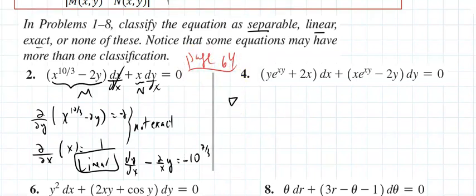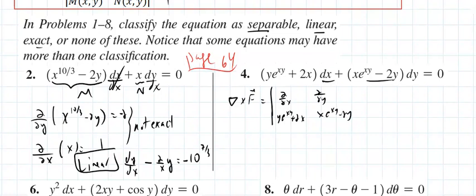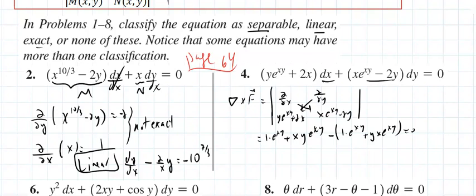So if I apply what I just did, del crossed with f, assuming this is f, so if I take the partial with respect to x, the partial with respect to y, and the i component is y e to the xy plus 2x, and the j component is x e to the xy minus 2y, I could say that is the partial with respect to x, the product rule, 1 times e to the xy plus x times the derivative of e to the xy, which is e to the xy times y, minus the partial with respect to y, product rule, 1 times e to the xy plus y times the derivative of e to the xy, which is x e to the xy, and if I subtract those I do get a 0, so yes, this is exact.